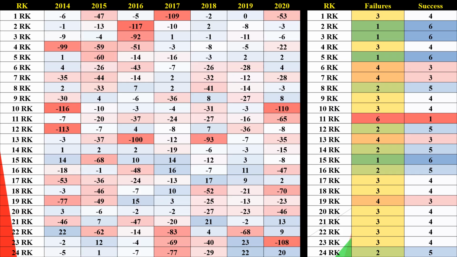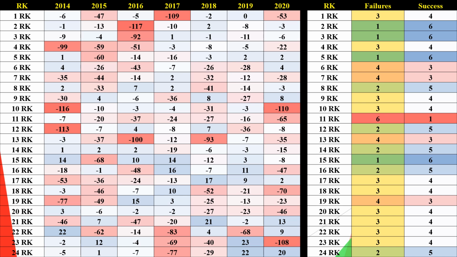So I looked from 2014 to 2020. I wanted a more recent view of the last 7 years. And you see rankings first through the 24th, so RB1s, RB2s. And we look at numbers that are minus or plus. The extreme minuses are in red colorization, and the positives are in blue, so you get a feel for that.